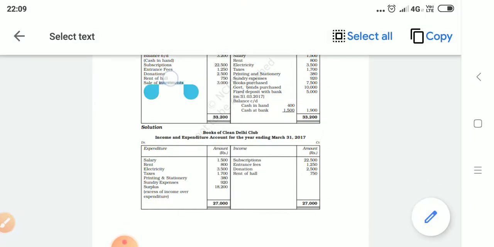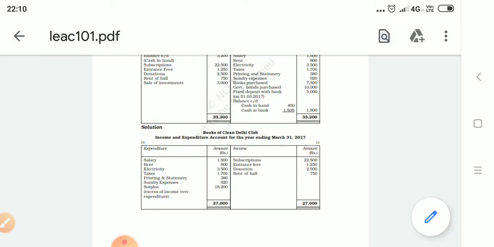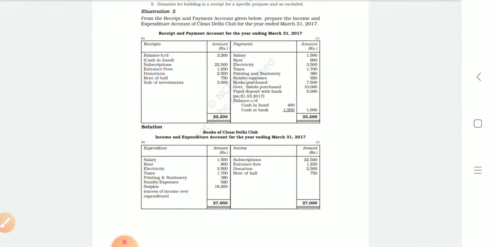Donations, since it is a general donation, the specific purpose is not given, donation will be considered as revenue in nature. It will appear in the income side. However, if you have a specific donation in the receipt side, it will be capitalized and it will be shown in the liability side. Rent of hall, yes, it is revenue in nature, it will come in income.